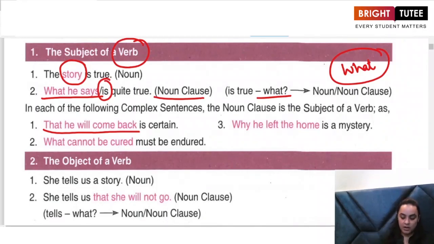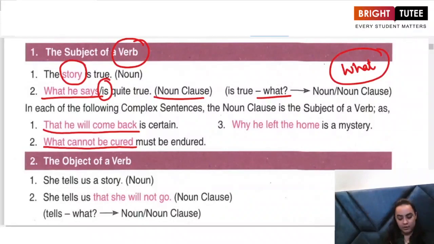Second sentence. What cannot be cured must be endured. Something that you cannot cure, you have to bear the pain of it. Okay. Again, ask the question what, because that is the question we ask when we have to identify the subject. So, what must be endured? What cannot be cured. So, I'm getting the answer to what.